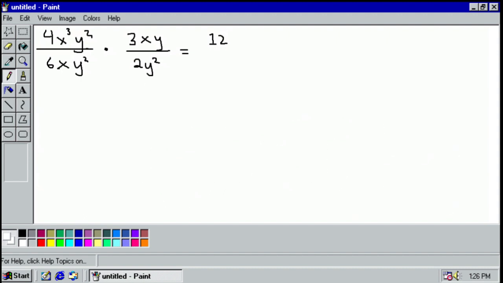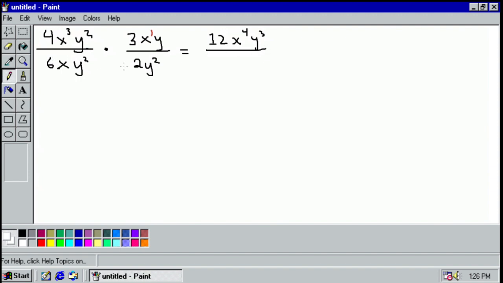In this case, we have x cubed and x. If we don't see an exponent there, it means 1. So 3 plus 1 is 4. Then just copy the variable or the base. Then y squared times y is 2 plus 1, which is 3, so that will be y cubed.